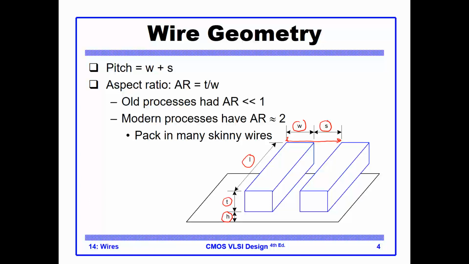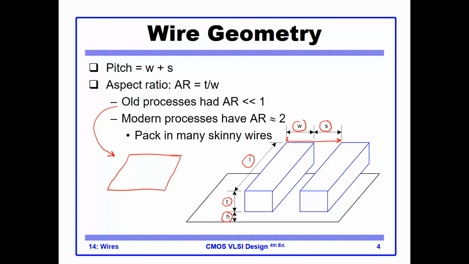Obviously, the smaller the pitch, the better it is for designs because I can have more wires laid out next to each other. In the old processes, the wire width was very large.